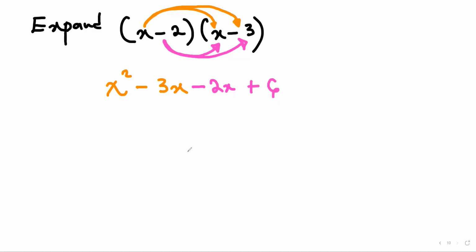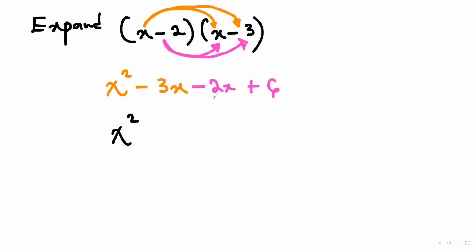So our expression here is now correct. And now we need to simplify. If you simplify this, what do you get? X squared, then minus 3x minus 2x. What's it going to be?